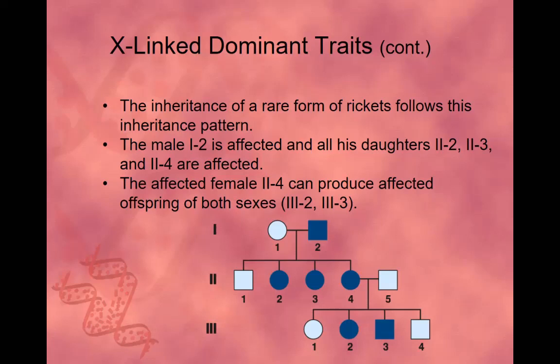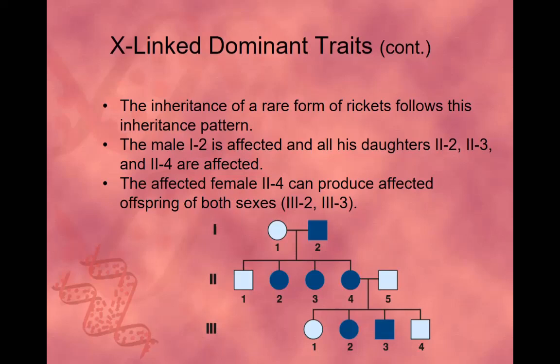In this particular example, the male 1-2 is affected with rickets, and all of his daughters, 2-2, 2-3, and 2-4, have rickets because they got the bad X from dad. The boy, however, 2-1, got a Y from dad, which doesn't carry the information, and got a good X from mom to make him unaffected.